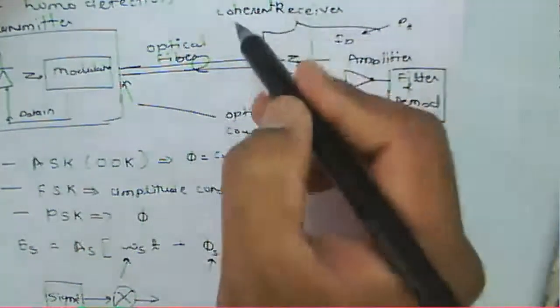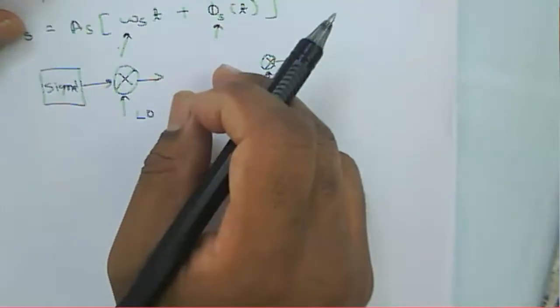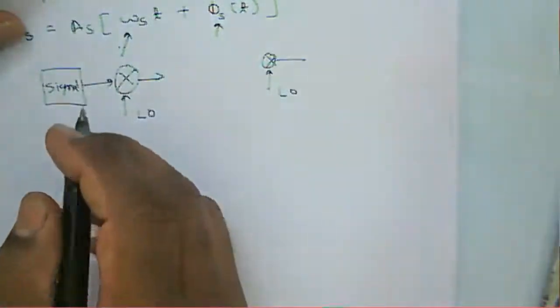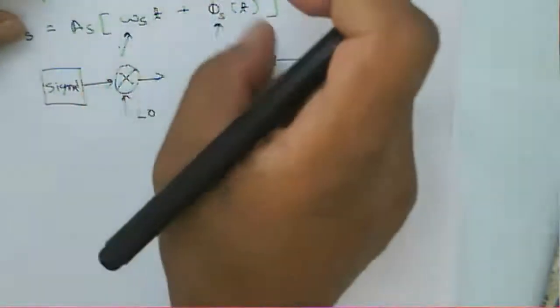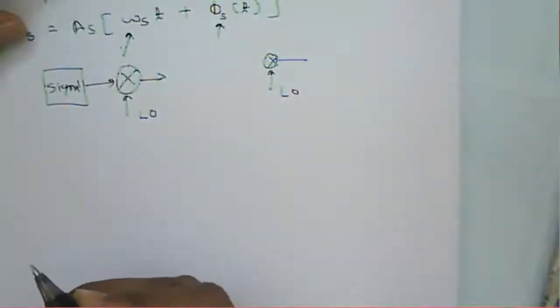Now come to the part about coherent detection. We need to consider which local oscillator we are using, so that we detect that particular signal at the receiver here. So your output will be proportional to the intensity at the detector.